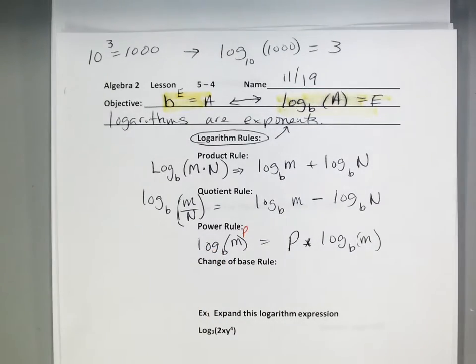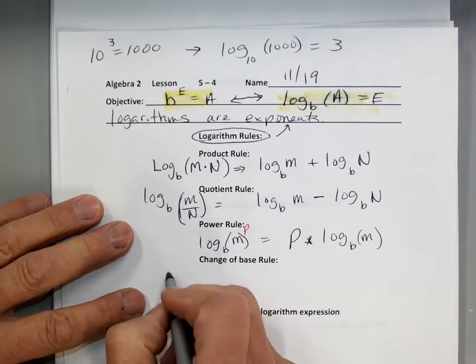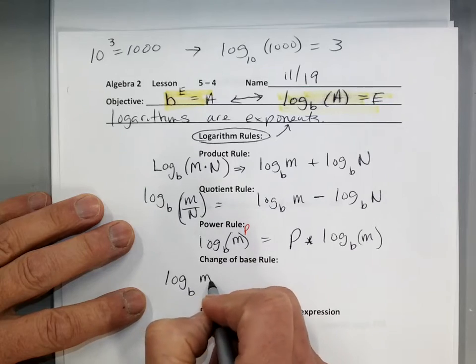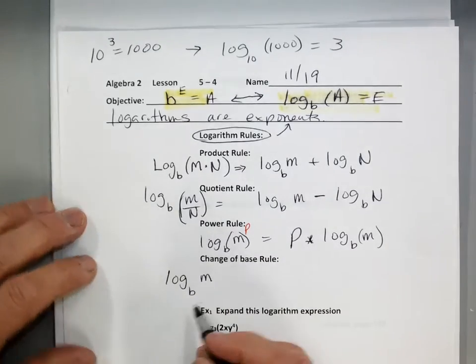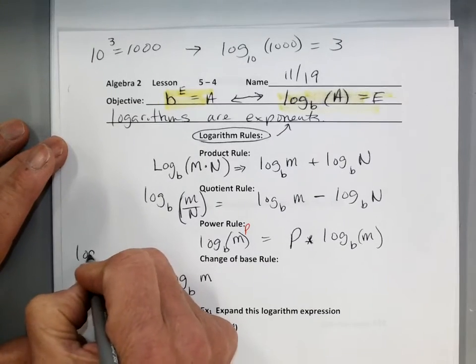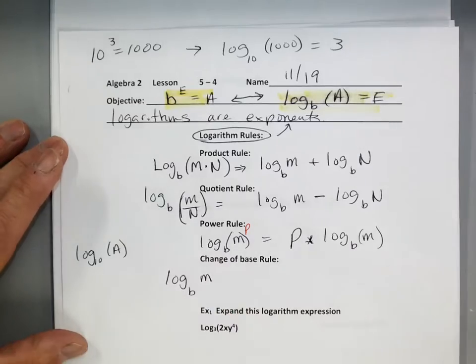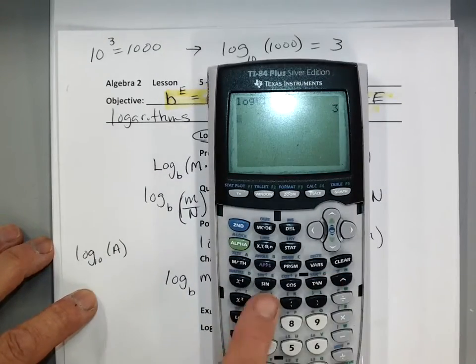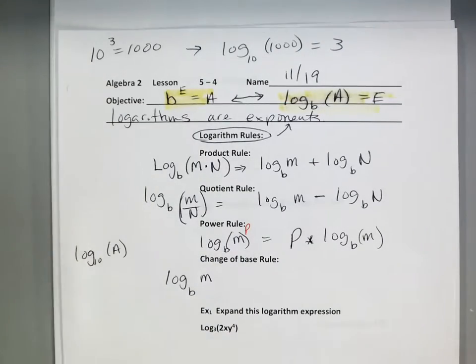Now finally, the change of base. Before we go any further with this, we can do log base 10 of any number because base 10 is in our calculator. That's the log button, log base 10, and that's called common log.